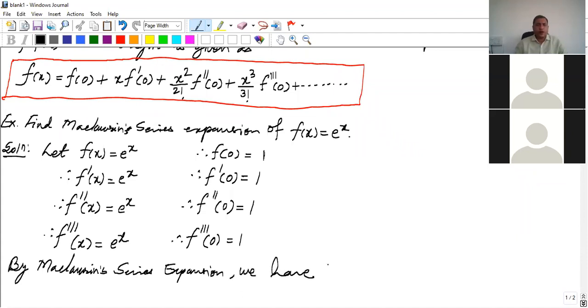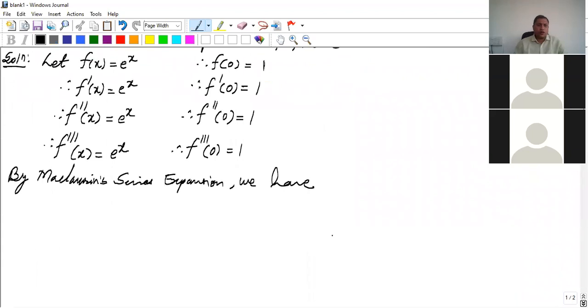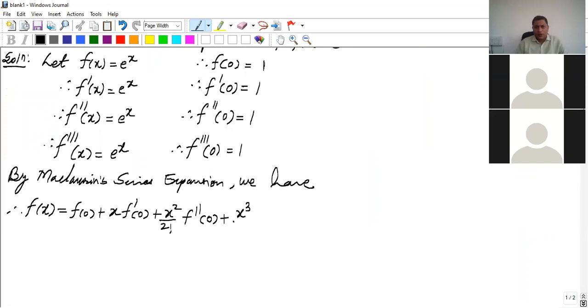We have to write the formula once again. So we have f at x is equal to f at 0 plus x f dash at 0 plus x square by 2 factorial f double dash at 0 plus x cube by 3 factorial f triple dash at 0 and so on.